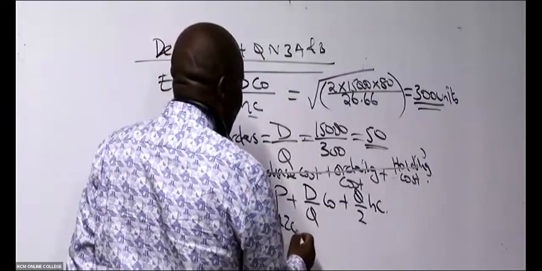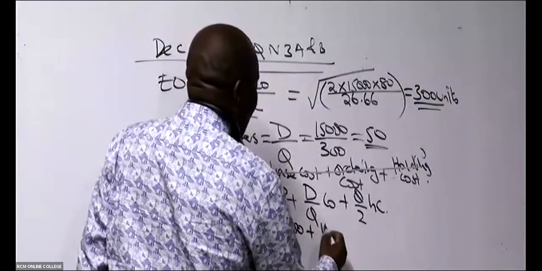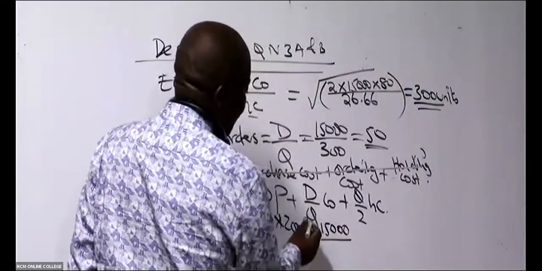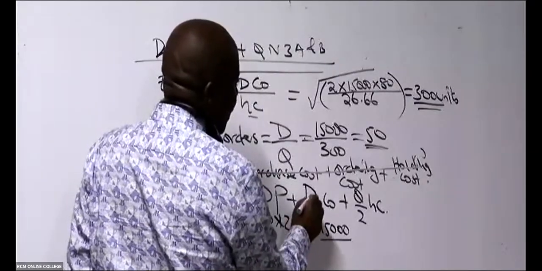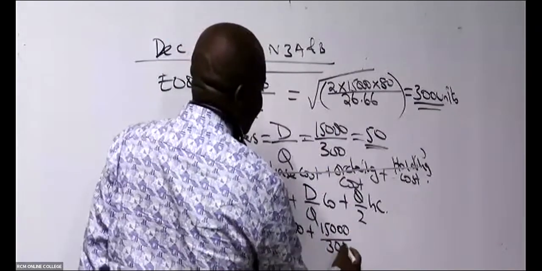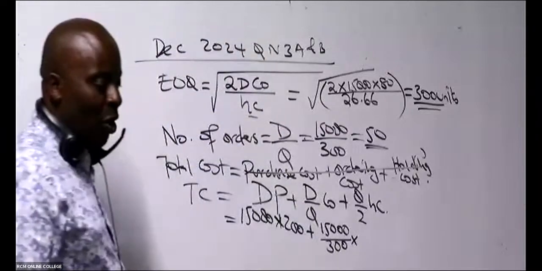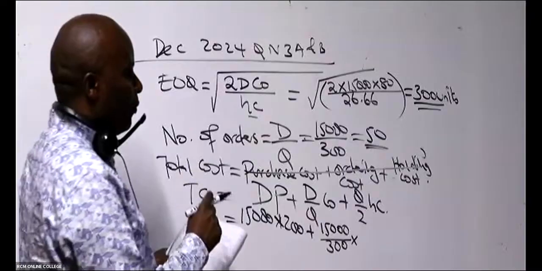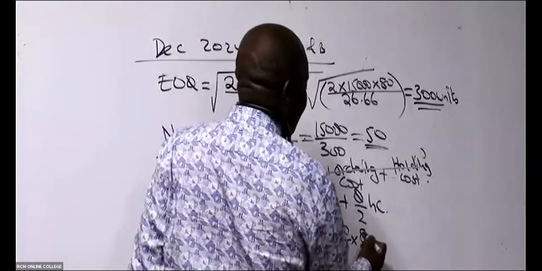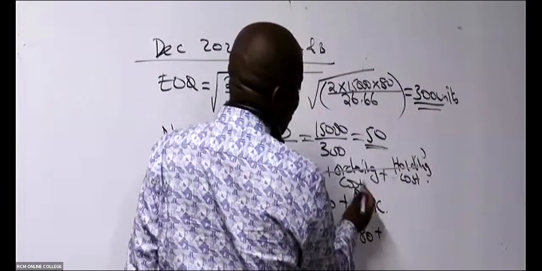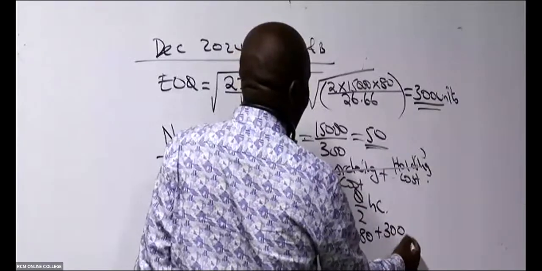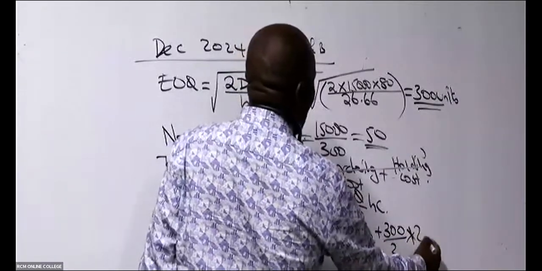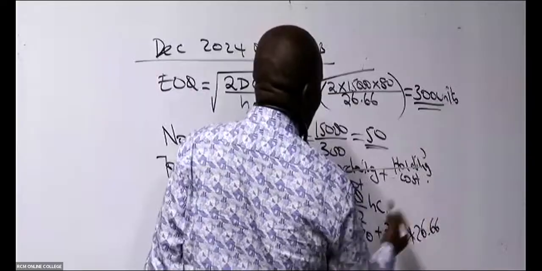The price is 200, plus annual demand of 15,000 divided by our economic order quantity that we got as 300, times cost per order. The cost for each order, you gave me a figure of 80. Plus EOQ again, 300 over 2, times our holding cost, that you gave me an ugly figure.